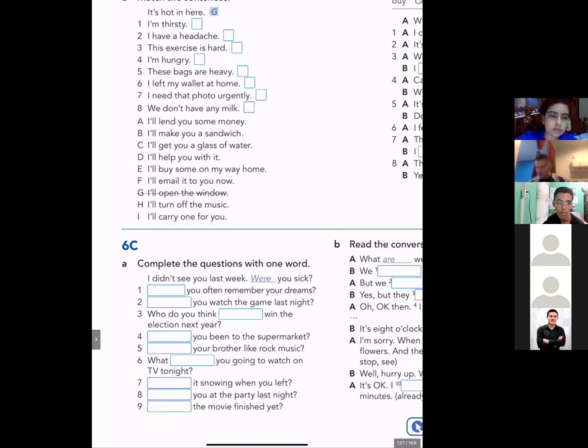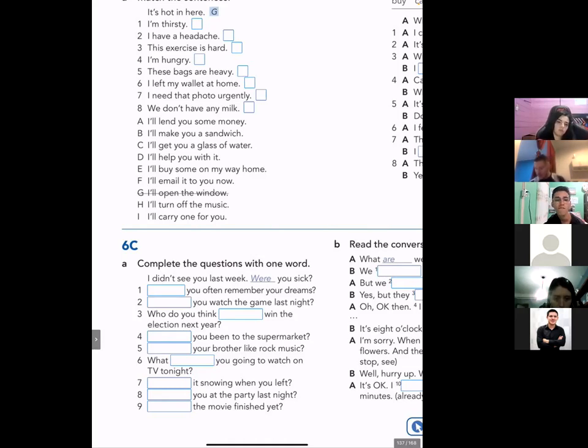Perfect. Number three, who do you think will win the election next year? We know in this one it is the future. Will. Number four, you've been to the supermarket. So been, what is been? Have. Exactly. Have you been to the supermarket?